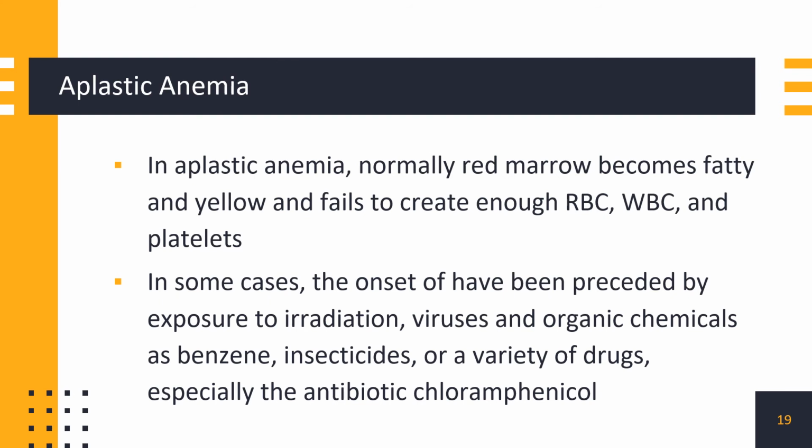In some cases, the onset has been preceded by an exposure to irradiation, certain viruses, and organic chemicals such as benzene, insecticides, or a variety of drugs, most especially the antibiotic chloramphenicol. Aplastic anemia is a condition characterized by anemia, neutropenia, and thrombocytopenia.